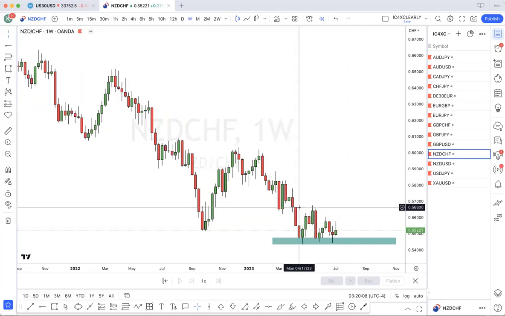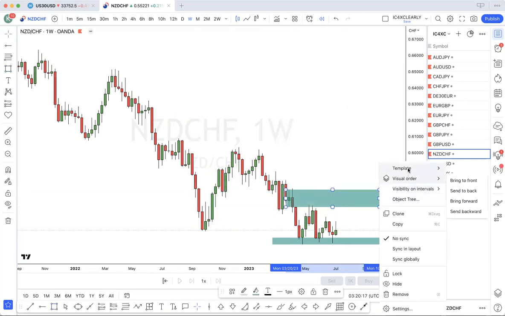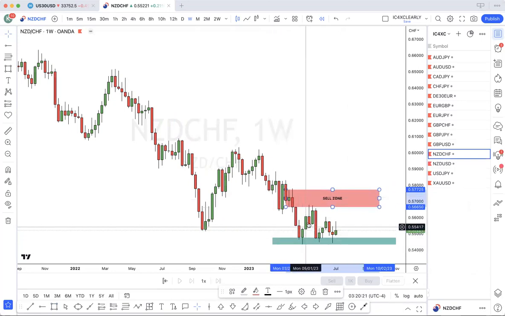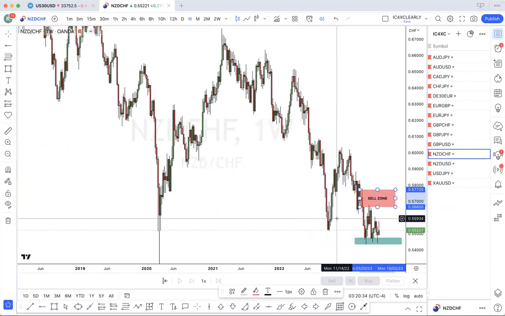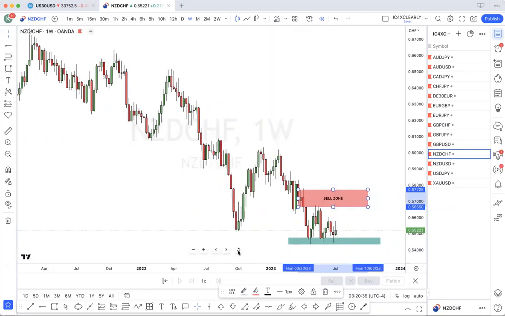Price came, tapped into this order block, pulled back, didn't break the lows. Pushed up, pulled back, didn't break these lows. It's giving a bullish order block in an overall bearish market.